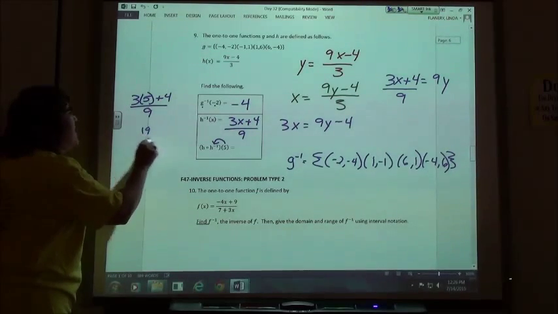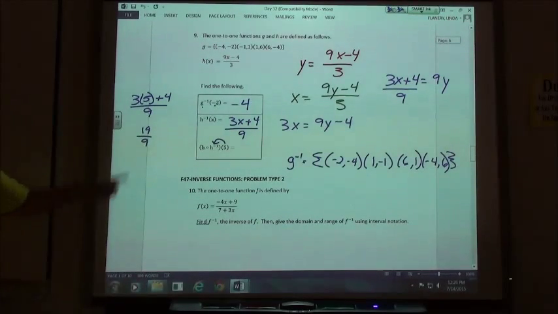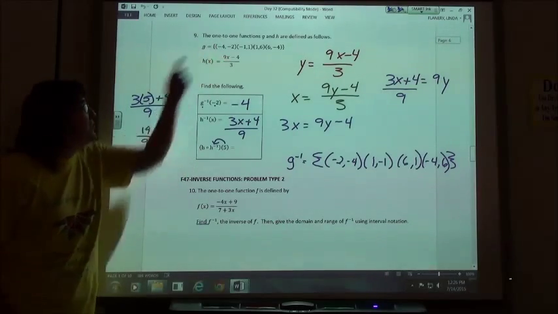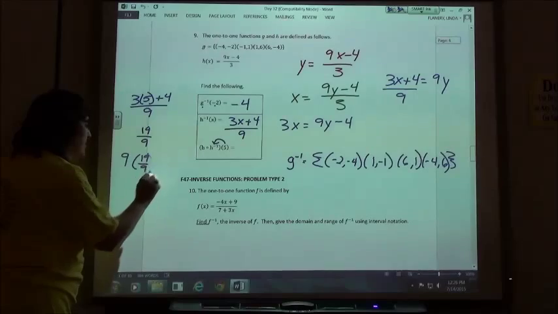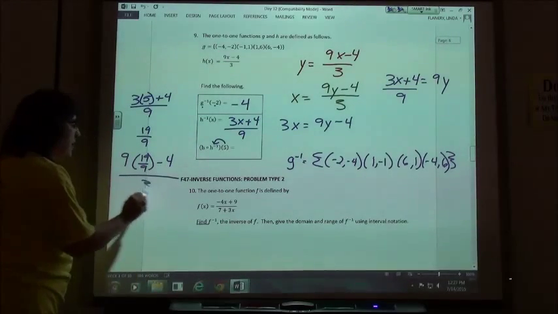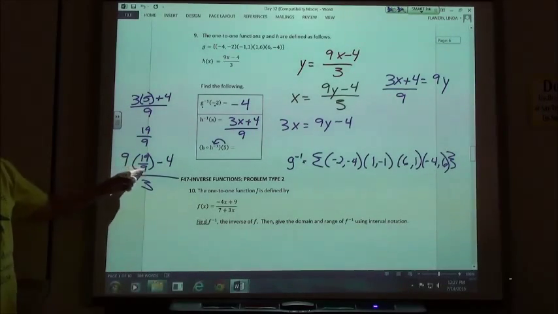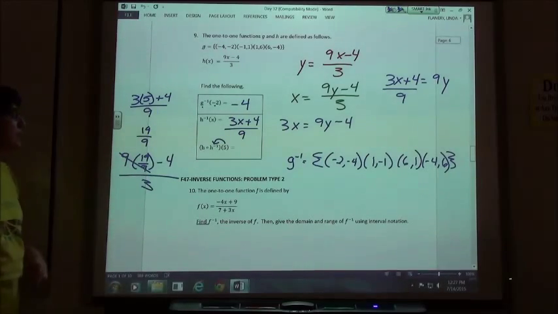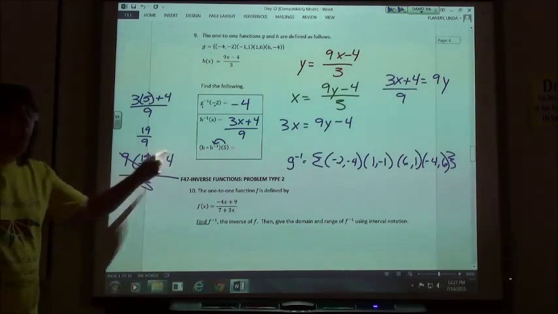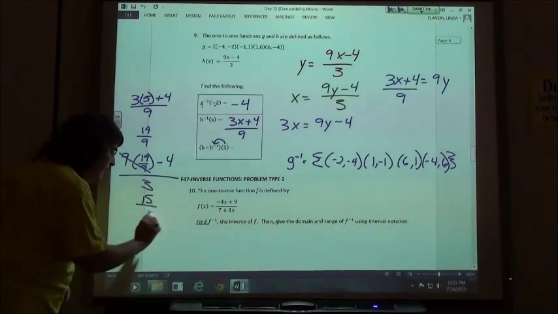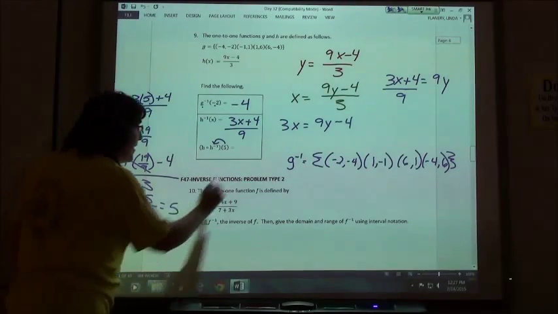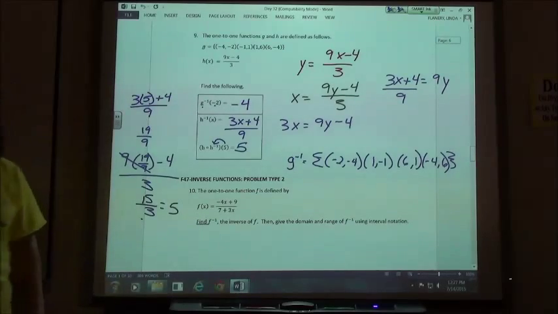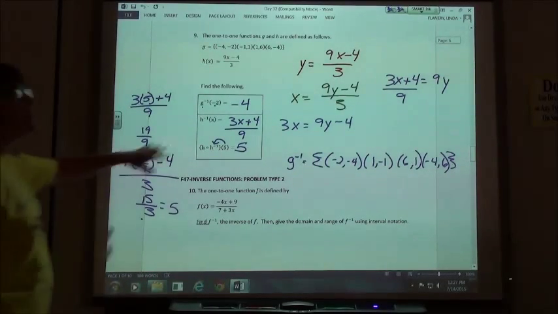You guys are taking a nap after lunch. 19 ninths. I'm then going to take that, put it into my h function. So (9 times 19 ninths minus 4) over 3. When I do 9 times 19 ninths, the 9's will cancel out. 19 minus 4 is 15, and 15 thirds, guess what? Gives me the 5 that you already knew it was going to be. But it's a good way to double check to make sure it comes out right.